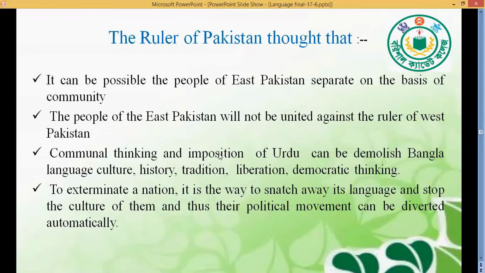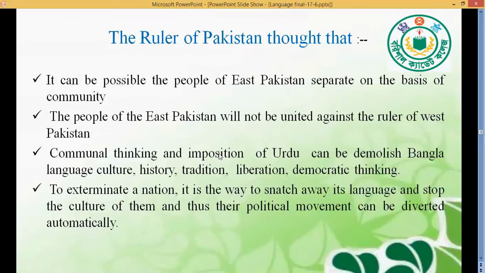Number two, the people of East Pakistan would not be united against the ruler of West Pakistan. Number three, communal thinking and imposition of Urdu could demolish Bangla language, culture, history, tradition, liberation, and democracy.